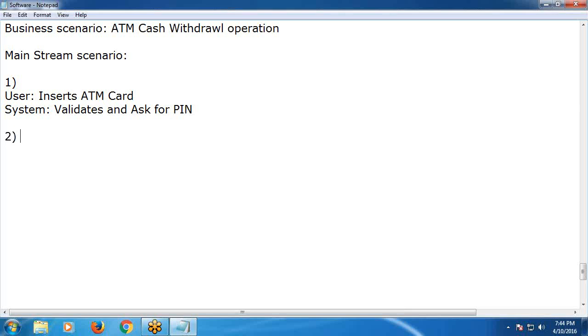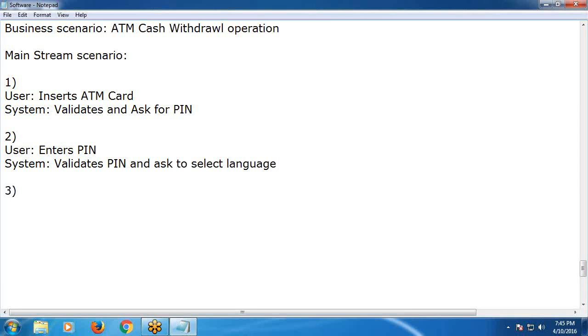This is one transaction. Next, user enters pin. System validates pin and asks to select language.